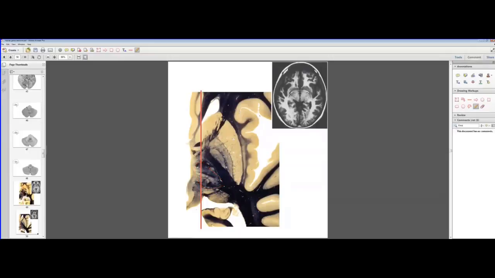Can you give me an idea what you think this might be? Would it be the fornix? It's exactly the fornix. Very good. Okay, so how about this right here? That would be the hippocampus. Correct.